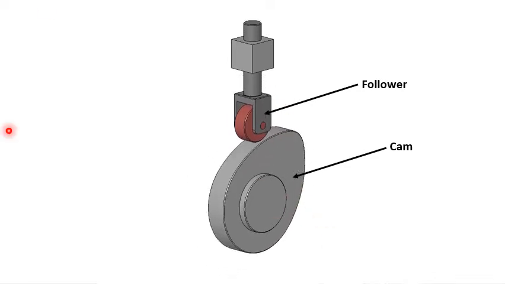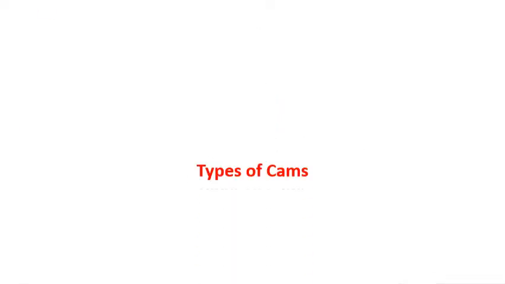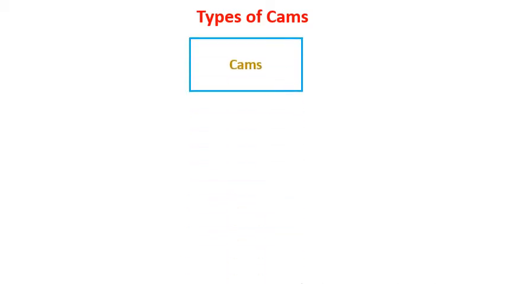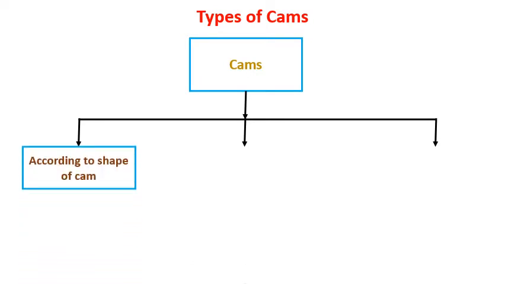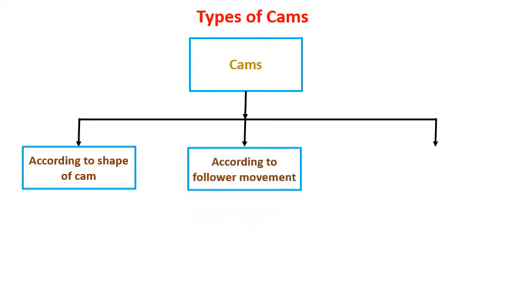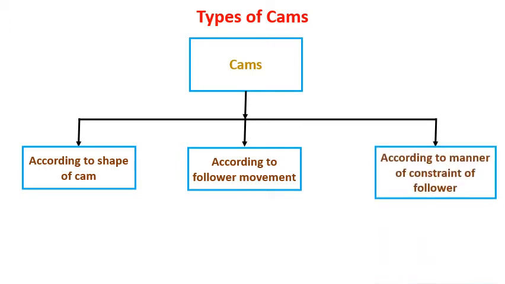Next one is types of cams. Here cams are classified based on three major categories. First one according to the shape of a cam, second category is according to the follower movement, and the third important category is according to the manner of constraint of a follower.